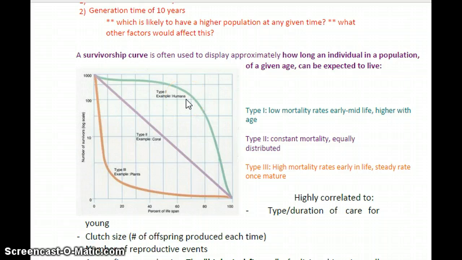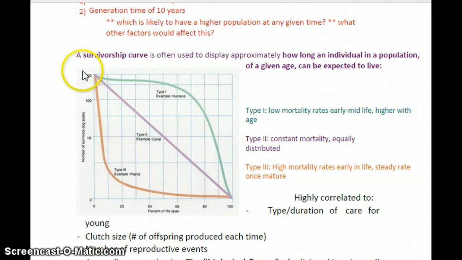So humans would be a great example, and most mammals would fit into this category, where once you get past infancy, you'll survive pretty well. But then when you're older is when we start to see higher mortality. That's when people start to die more. You don't see the same rate of people dying off in their 20s as you do people in their 80s. Okay, so that's type 1, is the higher mortality rate is older.